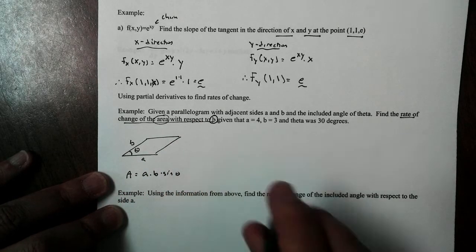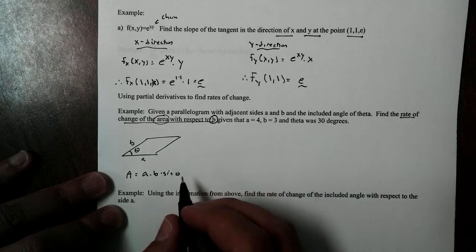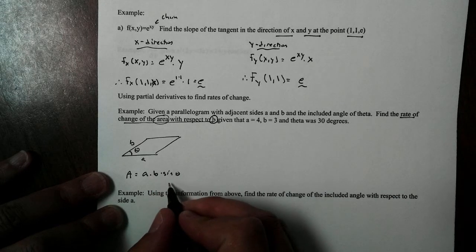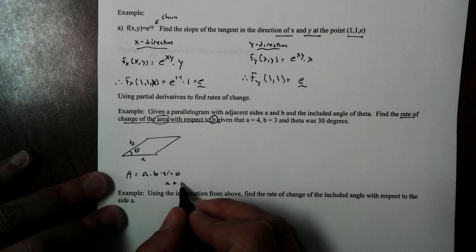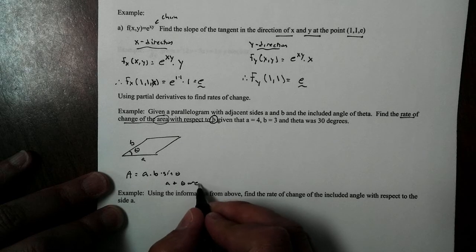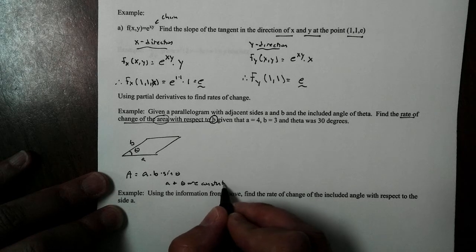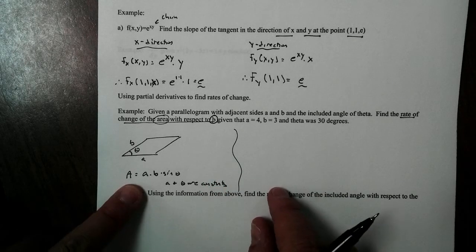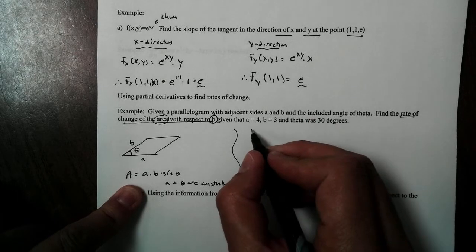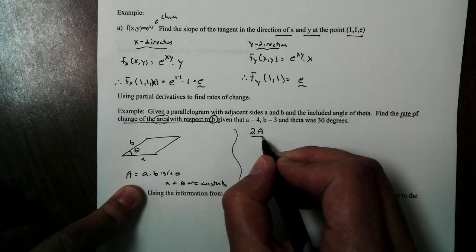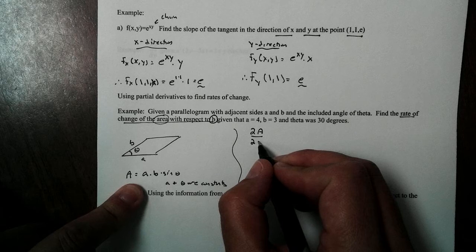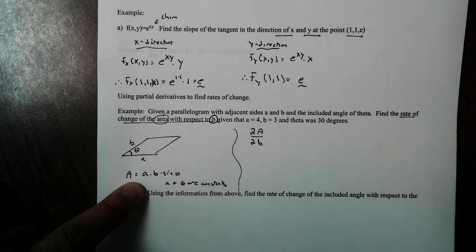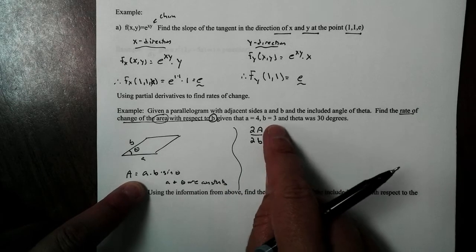In other words, for us, little a and theta are constants. So everything else is a variable. So what I'm looking to find here is the partial of A with respect to b. So the only ones I want are A and b.